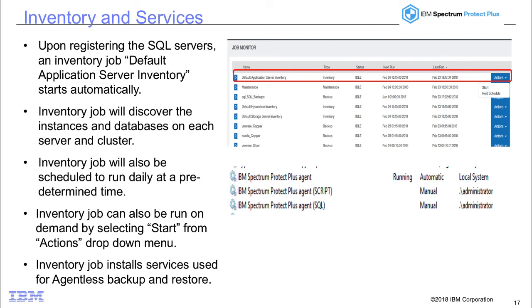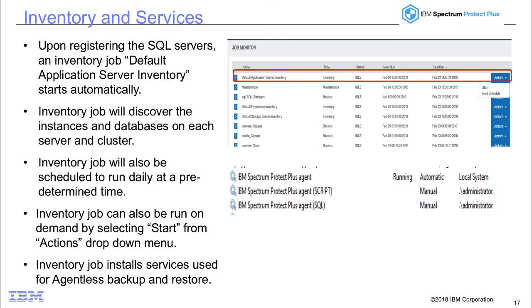SQL Server, from an inventory perspective, works just like virtual machines from a hypervisor perspective. As you register SQL servers, you're going to get an inventory job, which is called Default Application Server Inventory Job. That job will run on a nightly basis to go out there and discover all of these SQL Server instances or SQL Server databases on each server and cluster that you have registered.